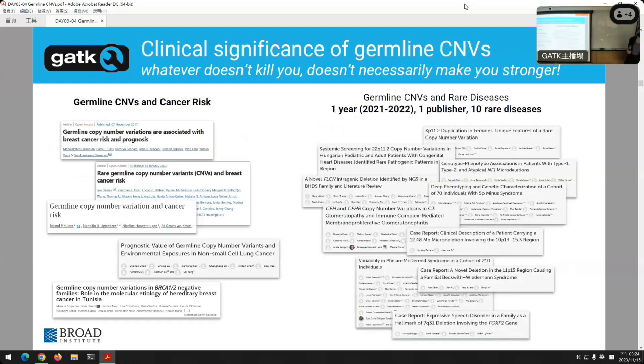But they're also very important in rare diseases. These are screenshots of papers just from 1 year and one publisher. There were 10 papers on the role of copy number variants in various Mendelian rare diseases. So these are super important clinically.